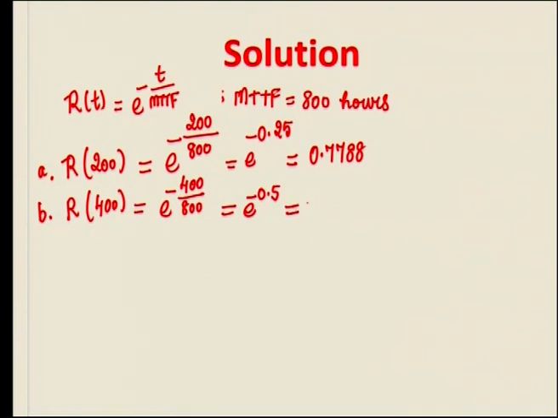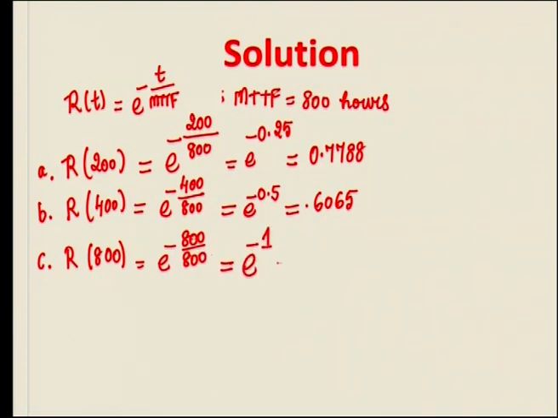This is given as 0.6065. Similarly, R of 800 is e power minus 800 by 800, which is e power minus 1 or 1 by e. So, this is given by 0.3679. You see that as you ask for more time, the probability on the right hand side is decreasing.